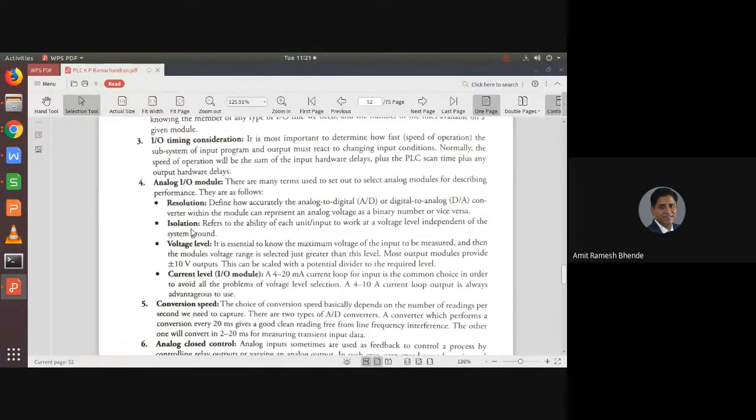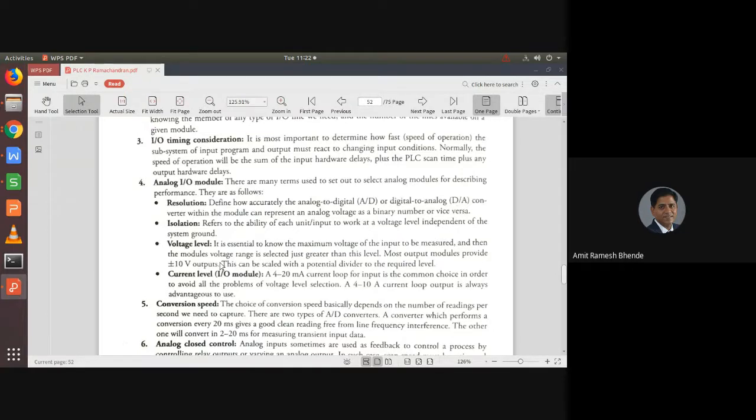Then second is isolation. It refers to the ability of each input unit to work at a voltage level independent of the system ground. So it refers to the ability of each unit to work at a voltage.